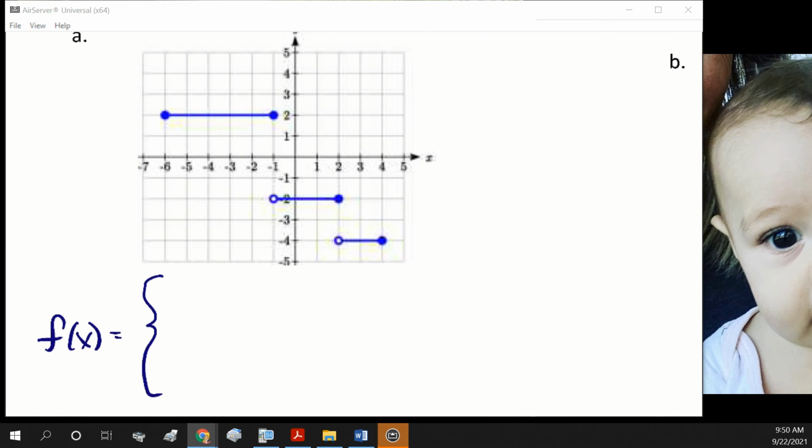All right, so I am going to start with this piece right here. What does the function equal at that piece? Everywhere on this piece right here, what does the y equal? Y equals 2. So that's what it is going to equal.